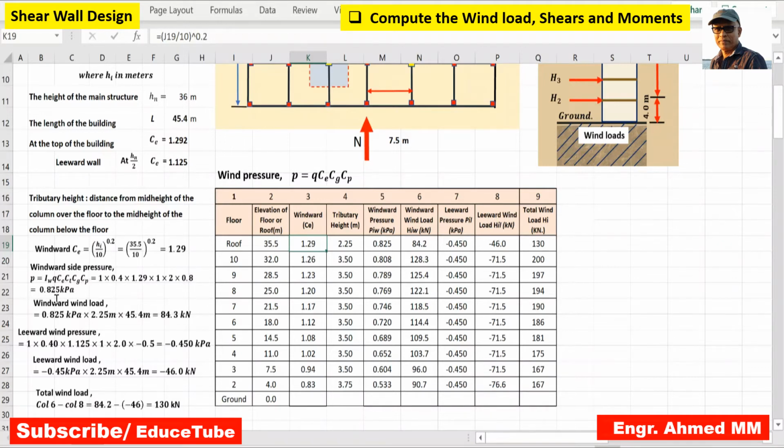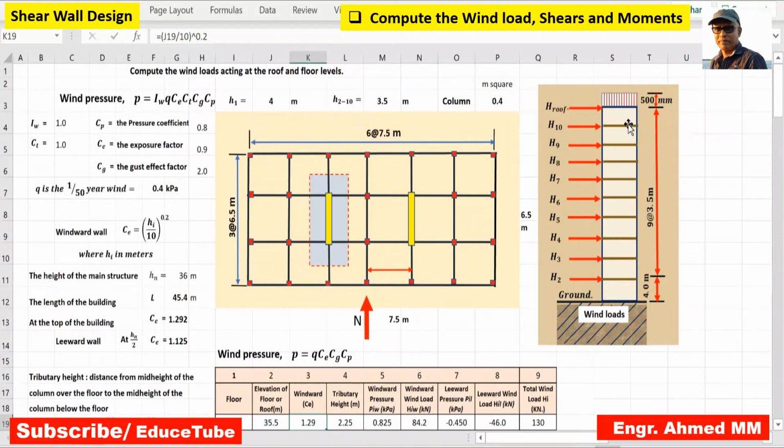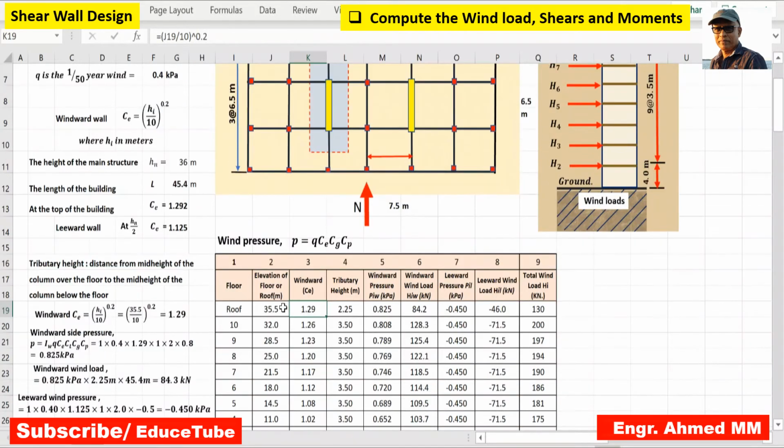So I got 0.825 kPa, and I put 0.825 here. And this tributary height is 2.25. How did I get it? Here, the center of this floor is half of 3.5, meaning 1.75, plus 0.5, so 2.25 from the midpoint of this floor to the top of the parapet.